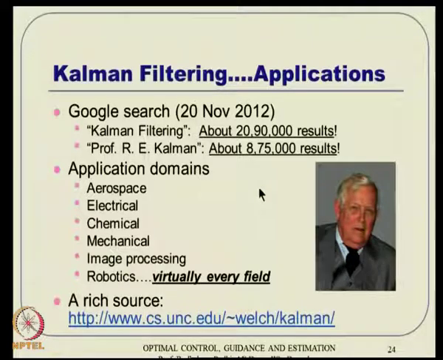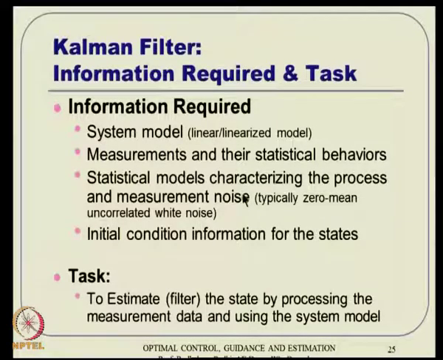Alright, so let us move on to the scientific content here. The Kalman filter: the information required and the task are something like this. What is required for operating the Kalman filter? You need a system model, a linear model, or rather a linearized model, and then measurements and their statistical behaviors.